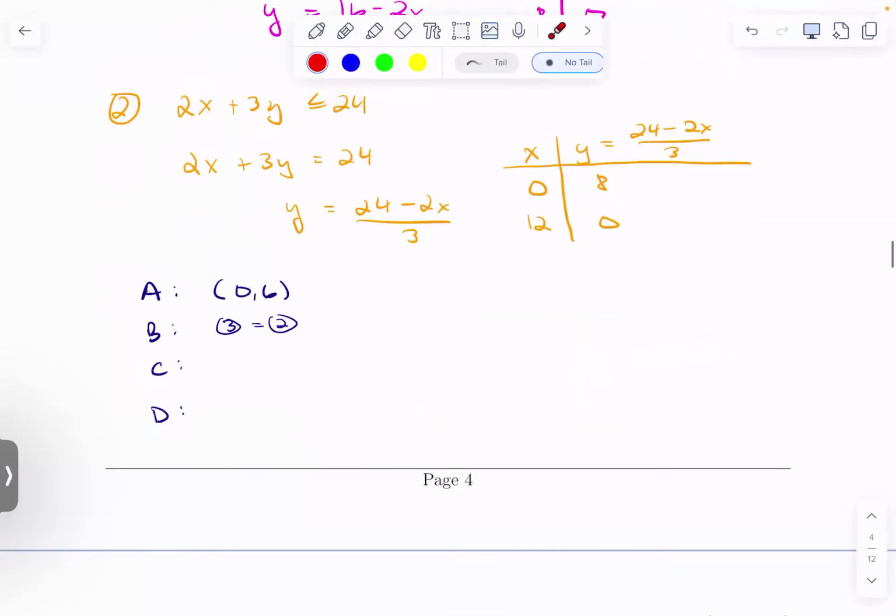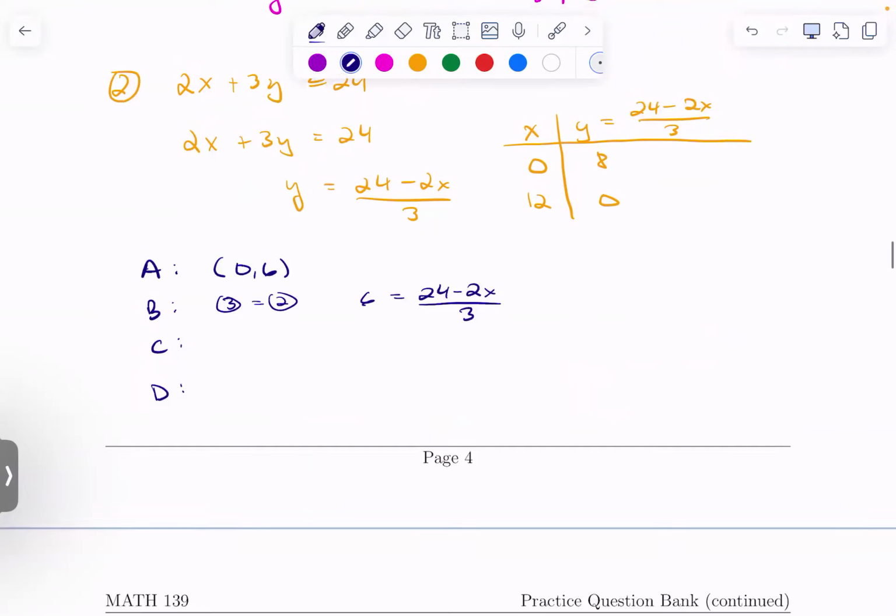So if 3 is equal to 2, then that's the same as saying 6 is equal to 24 minus 2x over 3, 18 minus 24. I have my cheat sheet here.